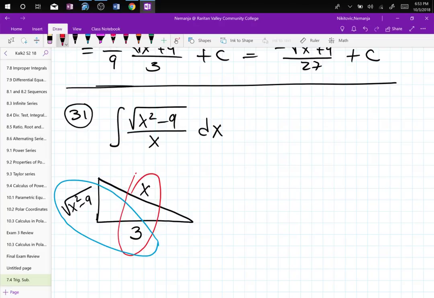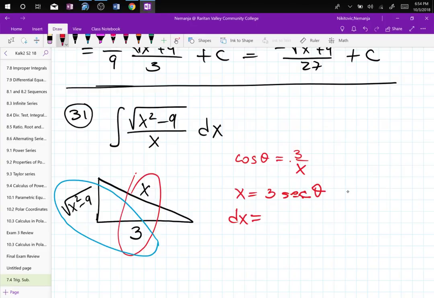All right, red one. Cosine theta is equal to 3 over x. Really? 3 over x, from where x is equal to 3 secant theta, and then immediately the derivative dx.